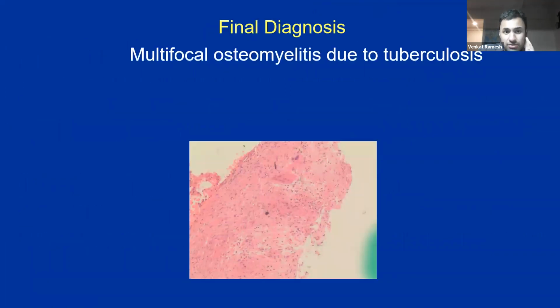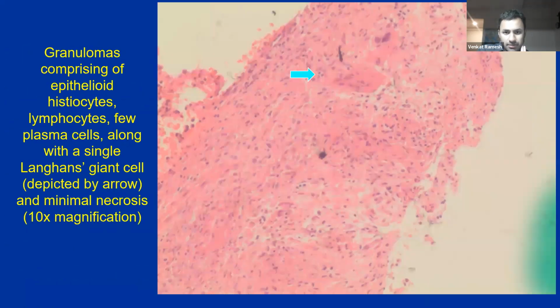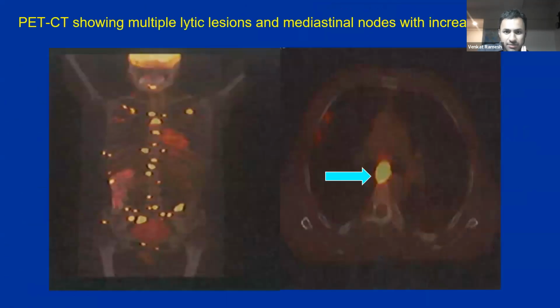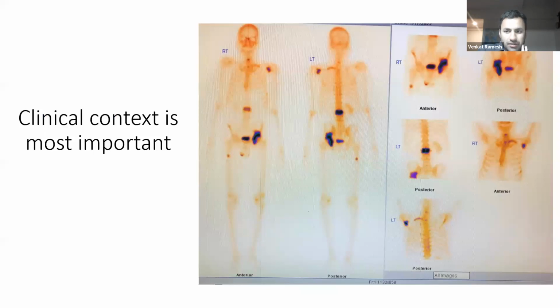So the final diagnosis was multifocal osteomyelitis due to tuberculosis. The reason I'm mentioning this case is that if you look at a scan like this without a clinical context, it is very difficult to interpret.